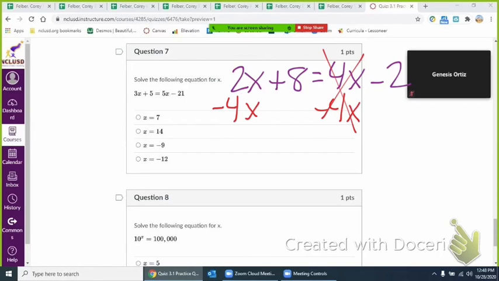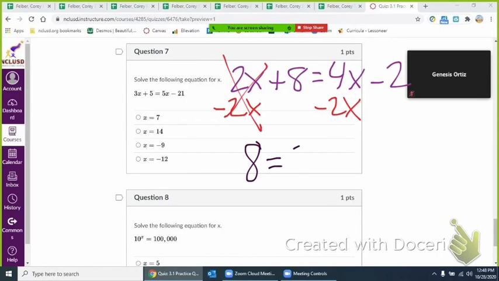All right, personally, I feel like with my experience, you guys like to do the same thing I do with this. I like to keep the x's positive. So personally, I would have done it the first way. I would have taken away 2x from both sides. So that way, when I rewrite it, my x's are now positive 2.